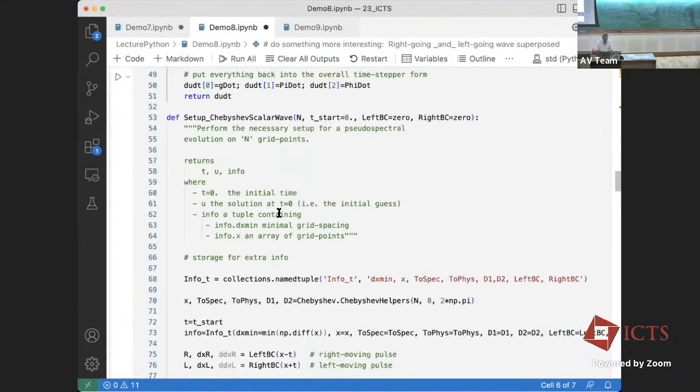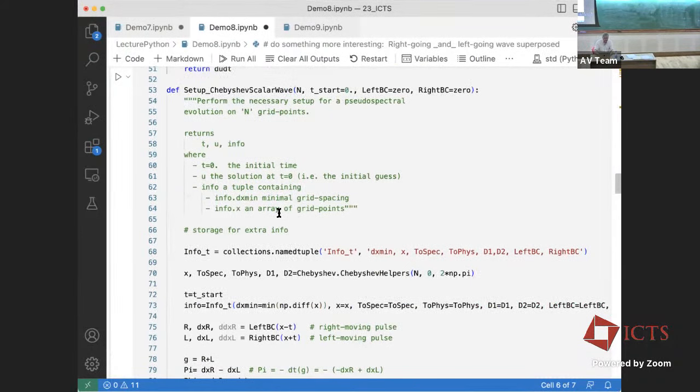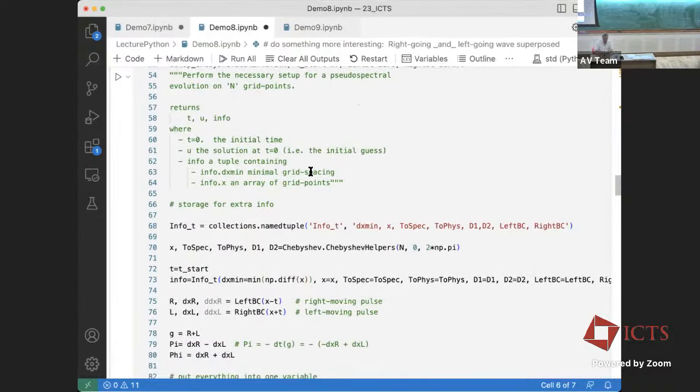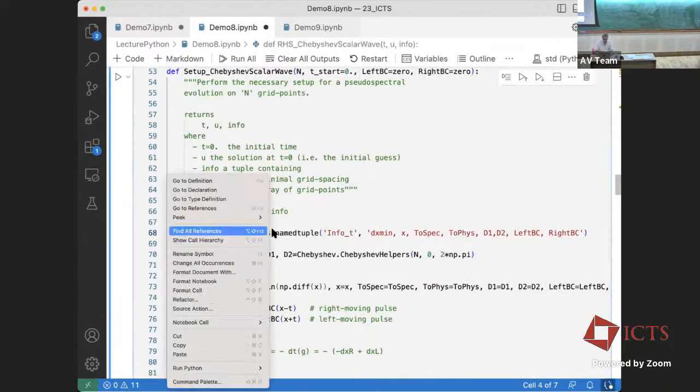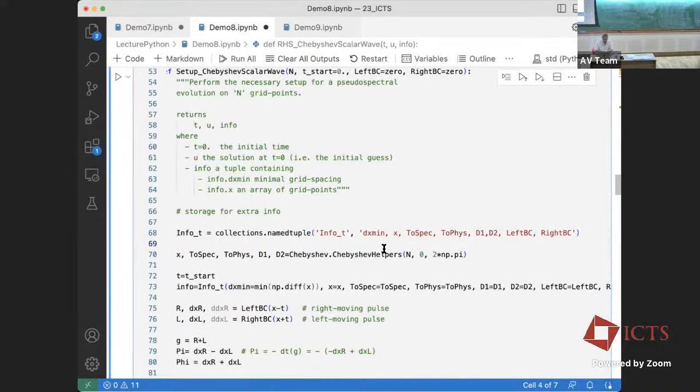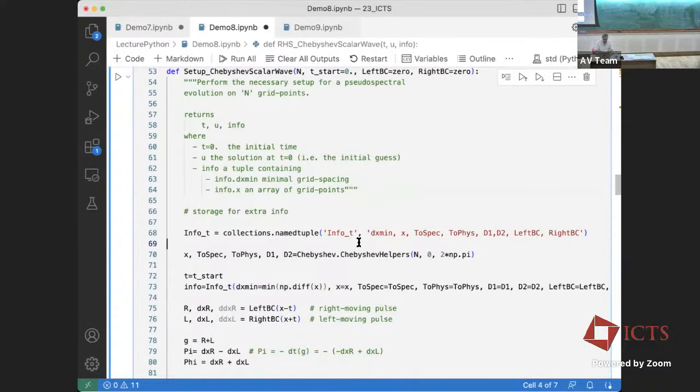Here's the setup Chebyshev scalar wave. Is the font size okay? And that gives me an opportunity for explaining this info thing one more time, or highlighting that it is now more complicated.